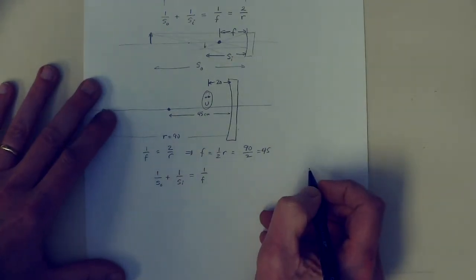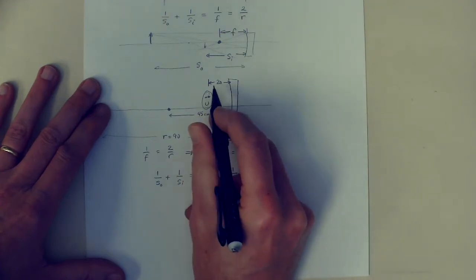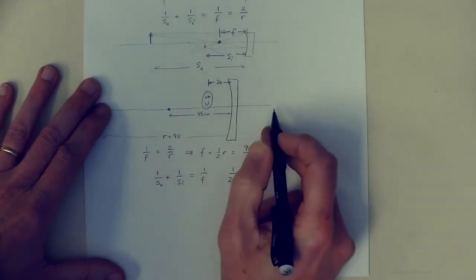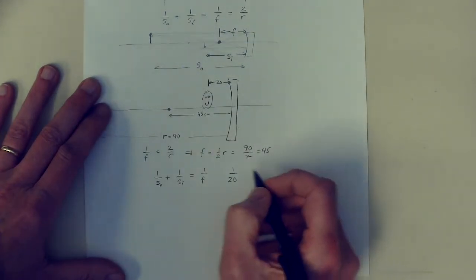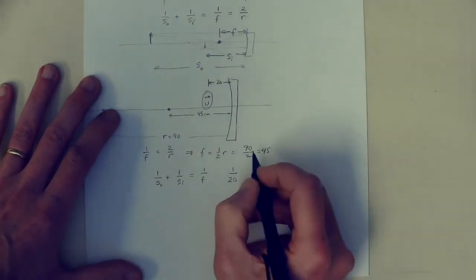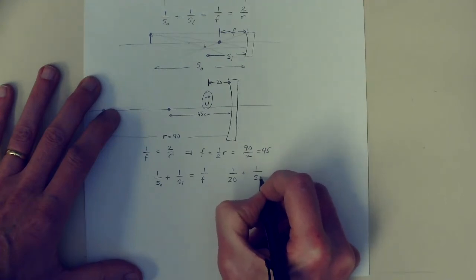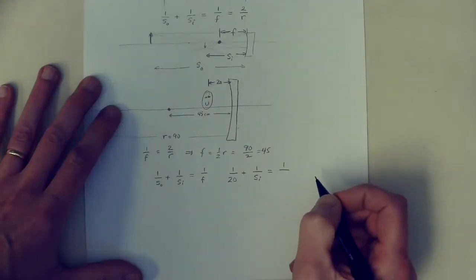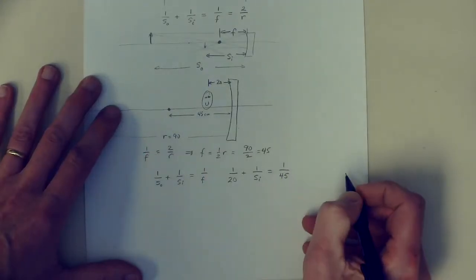So what are the numbers in this case? Well, the object is here at 20 centimeters, and that's on the usual side of the mirror. Just like this example up here, the object is out in front of it somewhere. So that's a positive number. The image is what we're trying to find, so we'll just leave that. And then the focal length of the mirror is this 45 that we've calculated, and that's also positive.